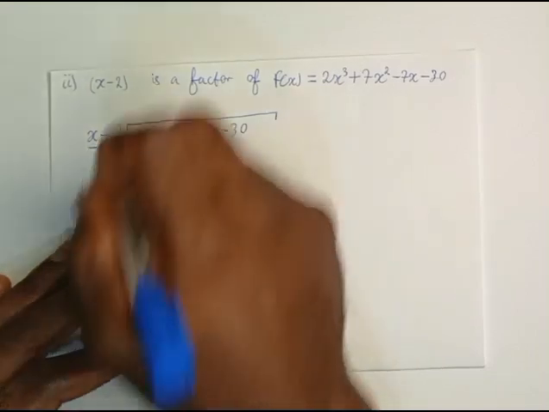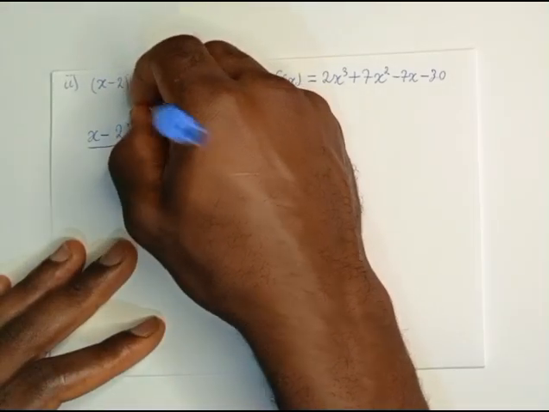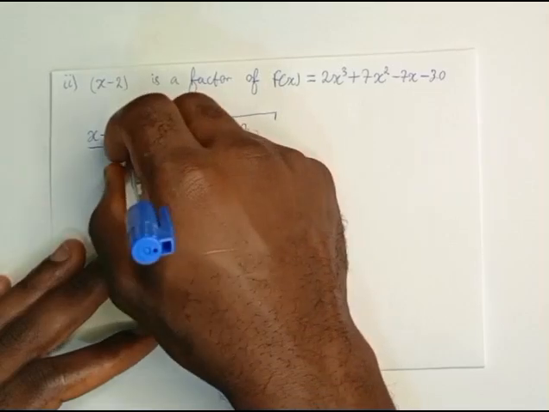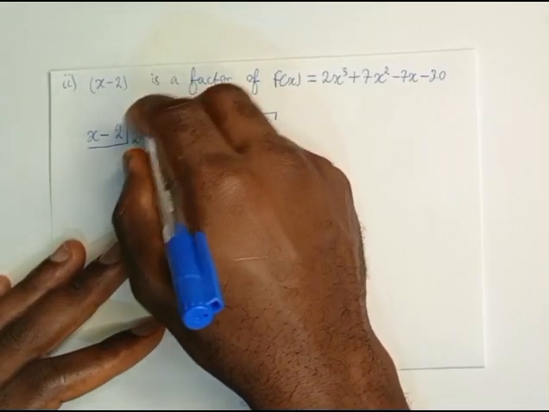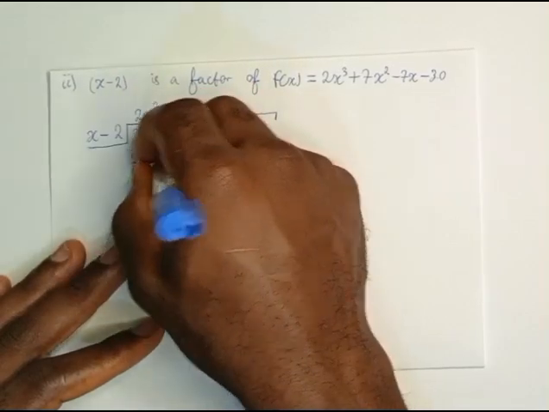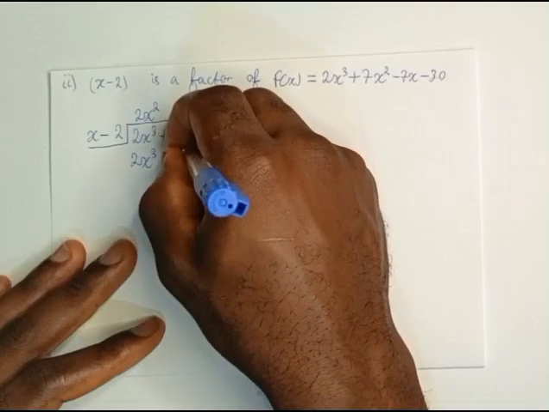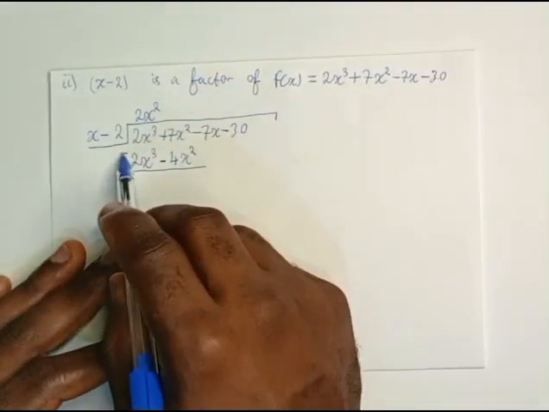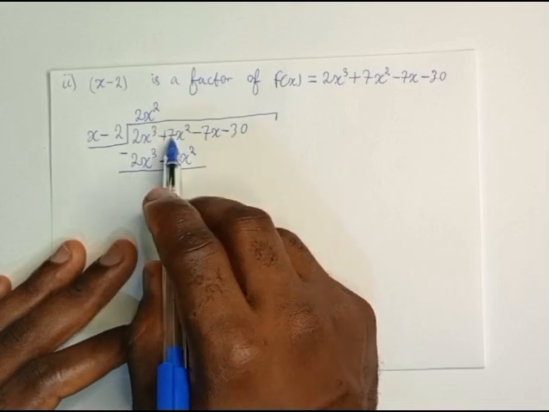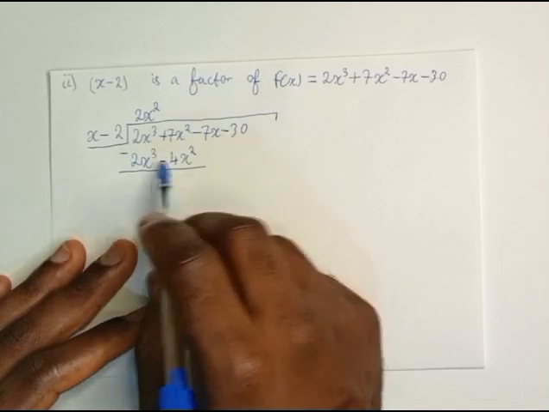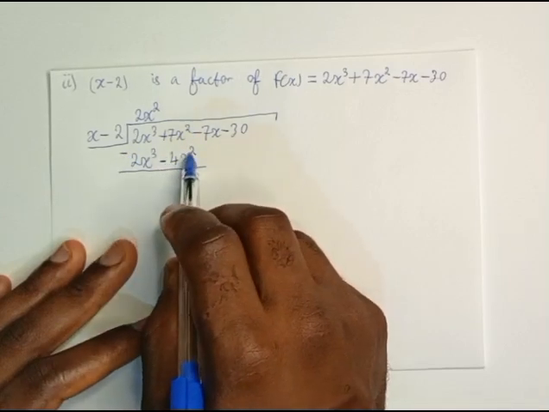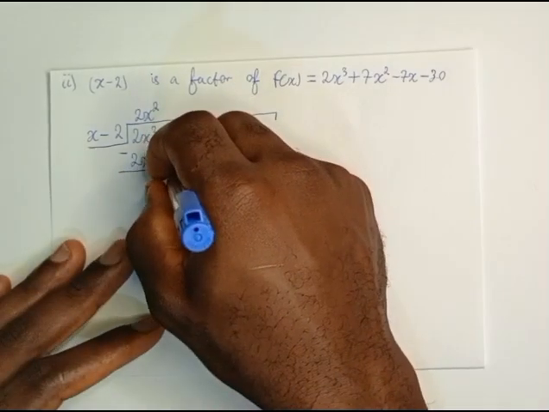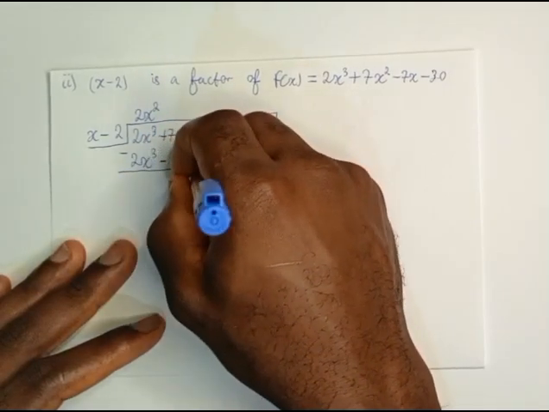2x cubed divided by x gives us 2x squared. 2x squared times x gives us 2x cubed. 2x squared times negative 2 gives us negative 4x squared. We subtract. 2x cubed minus 2x cubed gives 0. 7x squared minus negative 4x squared gives us 11x squared.